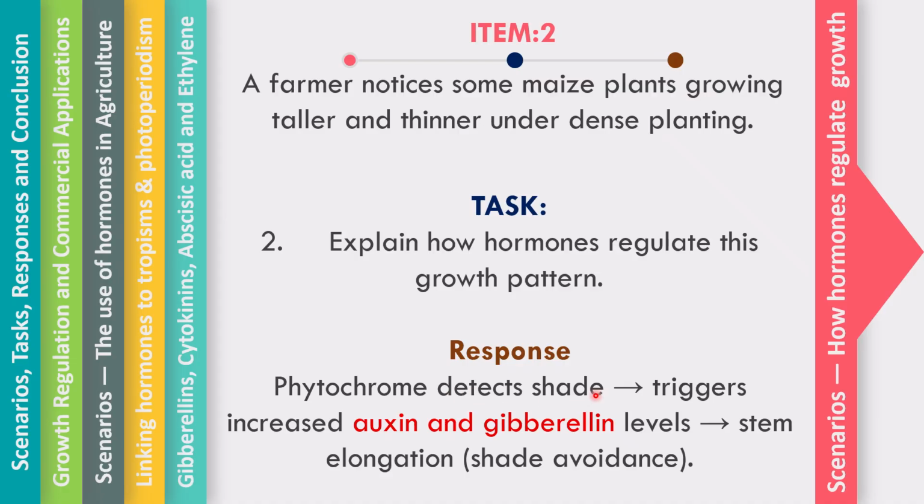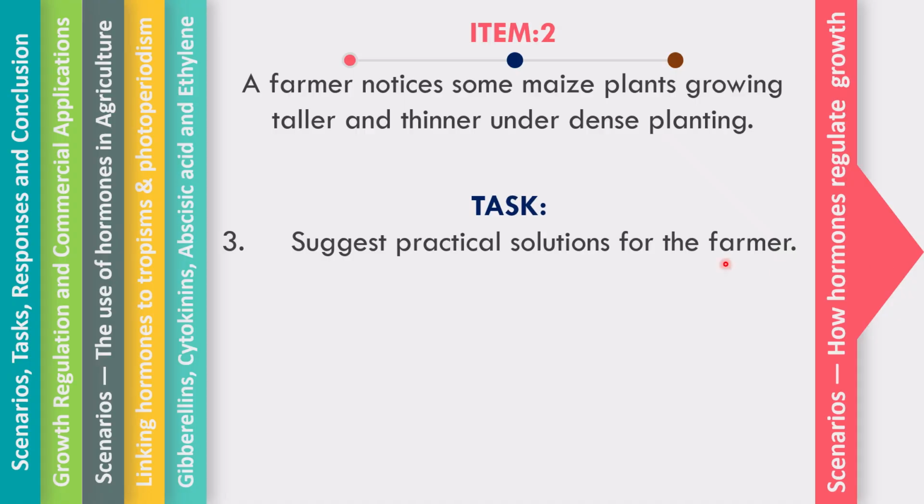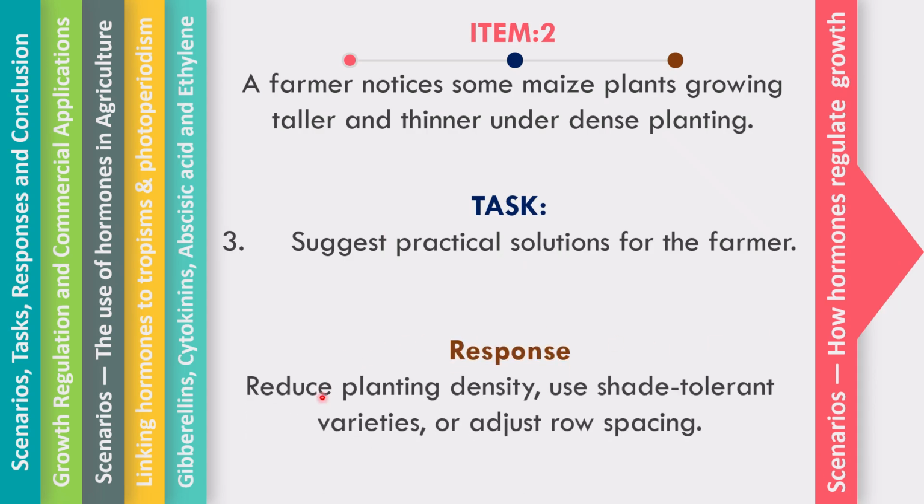Phytochrome detects shade and triggers increased auxin and gibberellin levels. These cause stem elongation, that is shade avoidance. Task: suggest a practical solution for the farmer. Reduce planting density, use shade-tolerant varieties, or adjust row spacing.